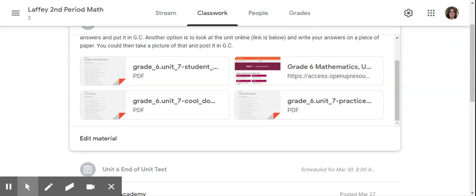All right, and then F. F says a city has a higher elevation than Coachella, California. Select all numbers that could represent the city's elevation. So Coachella is negative 22. You're going to select anything that is higher than negative 22.